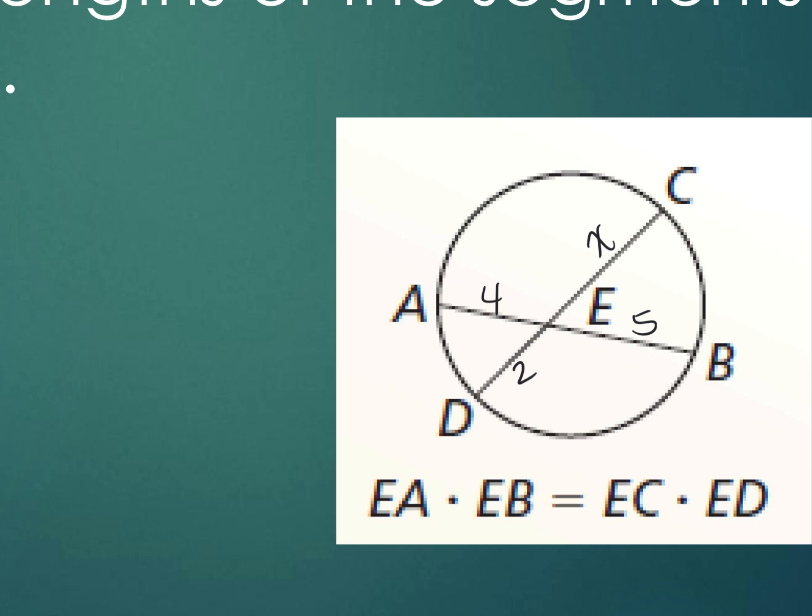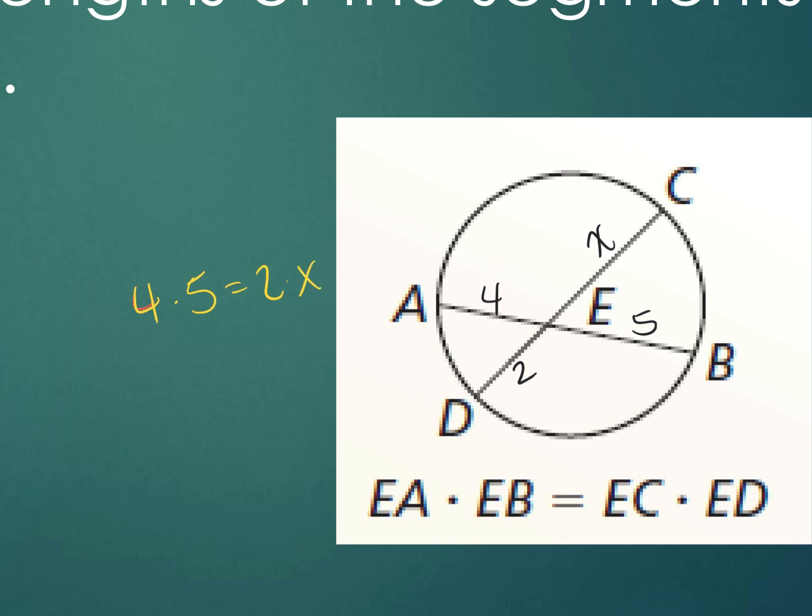It's the 2 segments of the same chord. Veronica? 4 and 5, very good. So 4 times 5 equals, what other 2 values am I multiplying together? 2 and X, because they're part of the same chord.